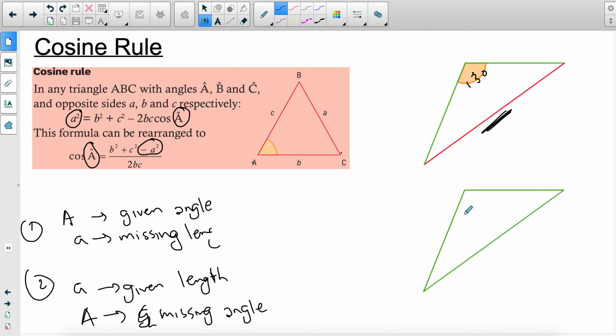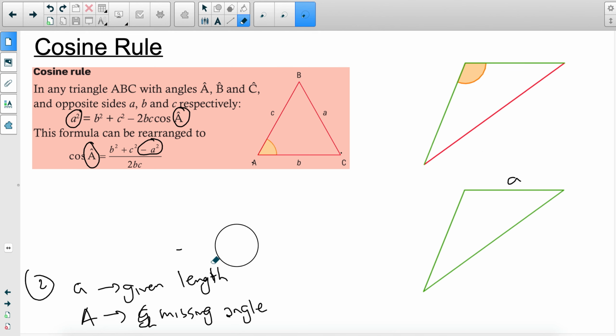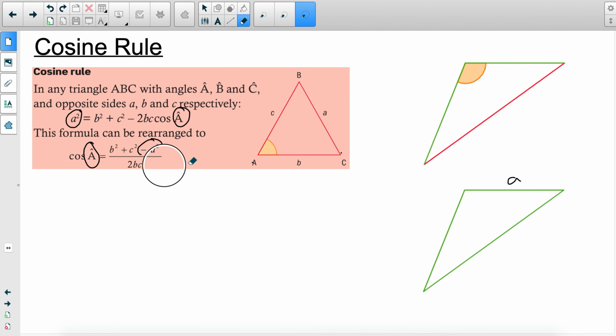So if this is the given length A, then I'm going to subtract this length. And then for B and C again, it doesn't matter which one you pick as B and C. And then the missing angle will be whatever is opposite to it. So this matching thing is really important when it comes to the cosine rule. It's also important in the sine rule, but it's not as complicated. So that's one thing to note.